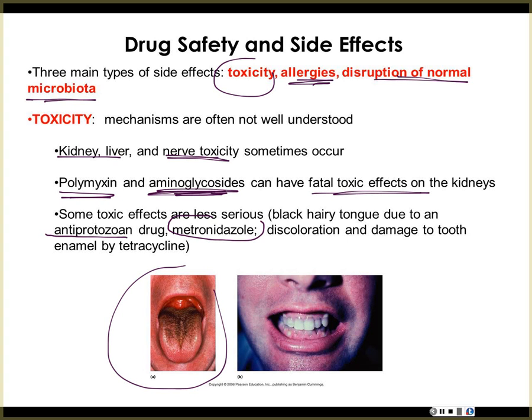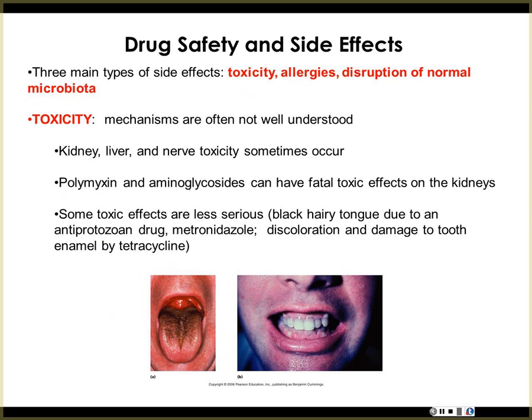So you don't really have a black hairy tongue, you just got a lot of gunk on your tongue that's being trapped if you take this particular drug. But I guess it looks pretty gross, so most people don't want to have a black hairy tongue. Yes, it does go away later. So try not to get a protozoan infection because you might wind up with a black hairy tongue.